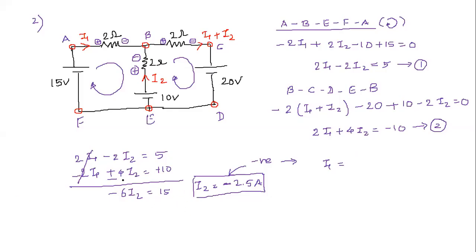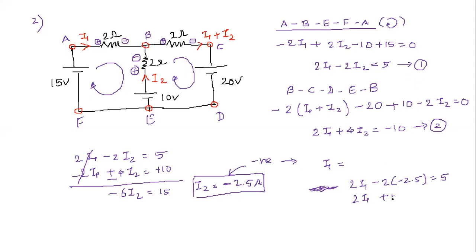Let us put this value in one of the equations. This will be minus 5, right? Minus 2.5 into 2, that is minus 5. Sorry, I'm trying to find out I1, right? So this 2I1 minus 2 into bracket minus 2.5 is equal to 5. So 2I1 plus what? This will be plus 5, right?